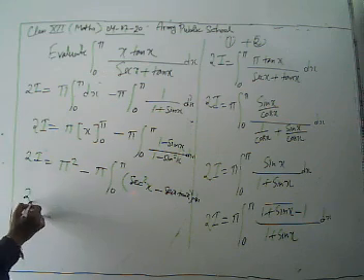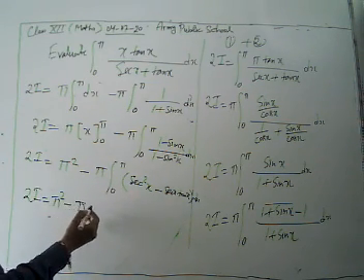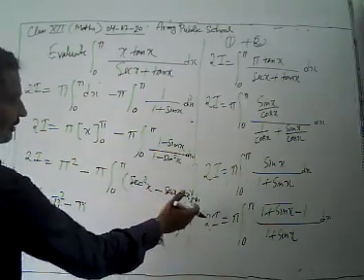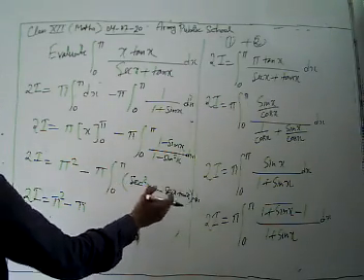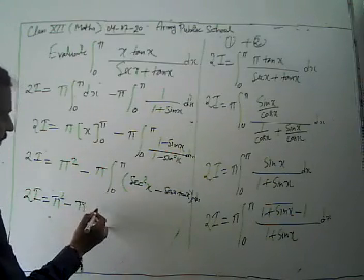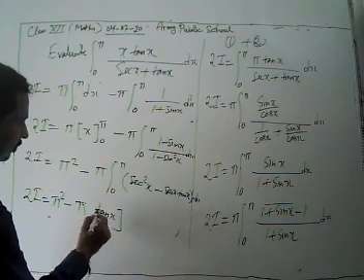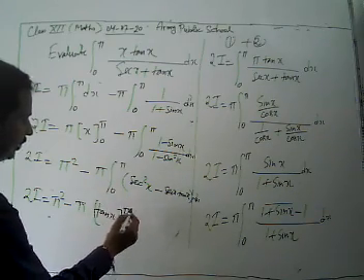Now 2I is equal to pi square minus pi. We are going to take the integration one by one. The integration of sec square x is tan x, minus pi, here we get tan x, putting limit 0 to pi.